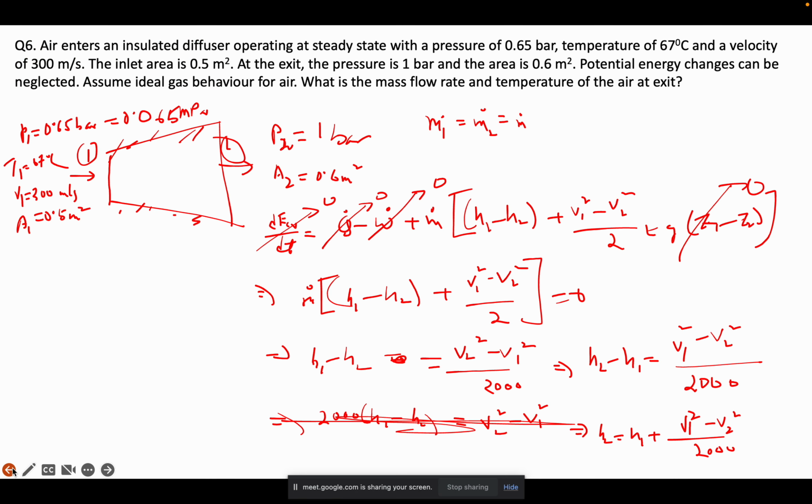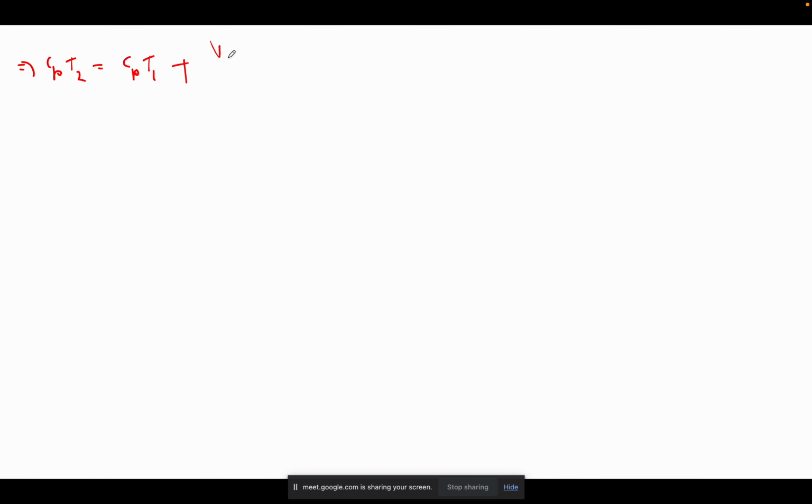Then from here h2 is nothing but Cp times T2 because it is an ideal gas. So Cp times T1 plus v1 squared minus v2 squared by 2000. Okay, so from here T2 is nothing but T1 plus v1 squared minus v2 squared divided by 2000 into Cp.